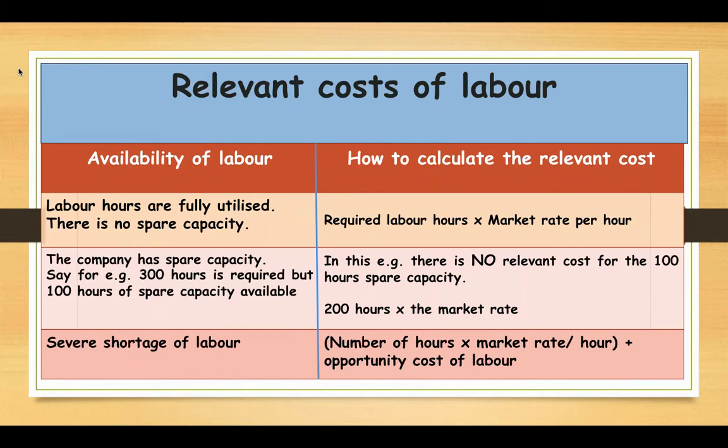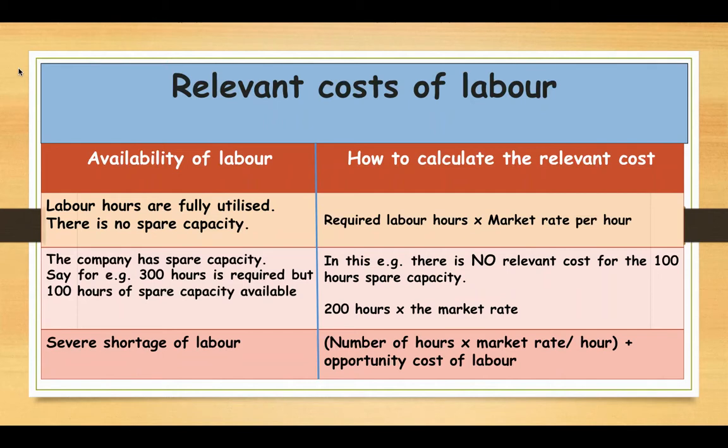Now, we look at the second situation. The company has a spare capacity, but that capacity is not enough for a new contract. For example, 300 hours is required for a new contract, but only 100 hours of spare capacity available. In this case, there is no relevant cost for the 100 hours spare capacity, because this spare capacity has to be paid anyway.